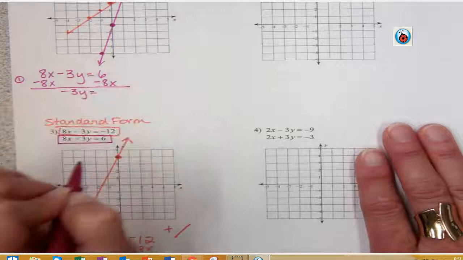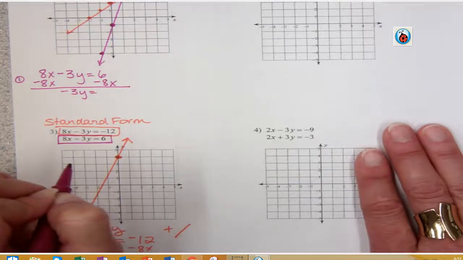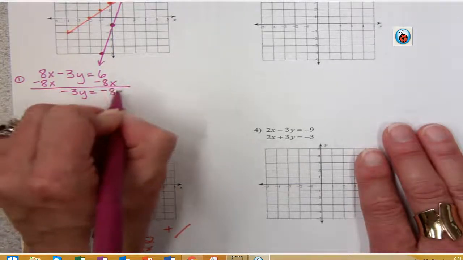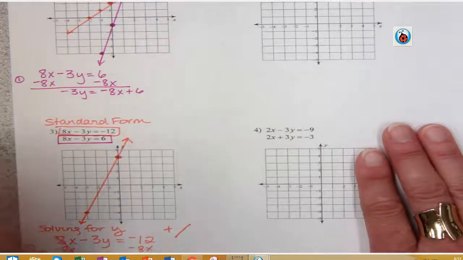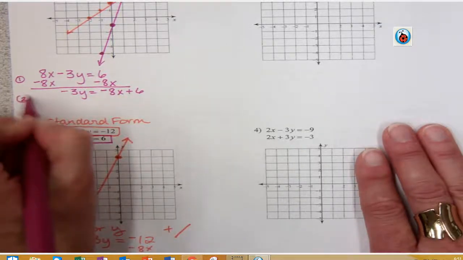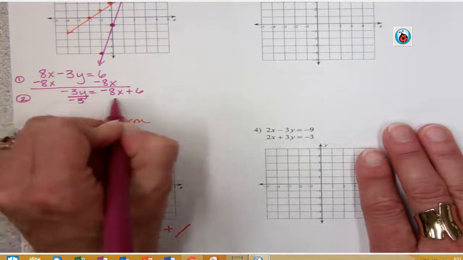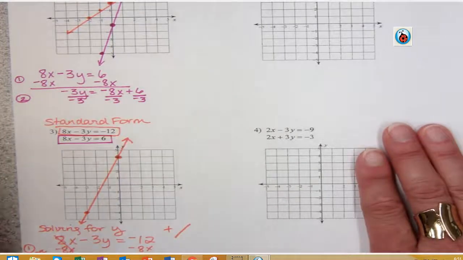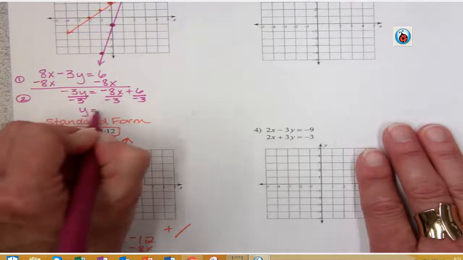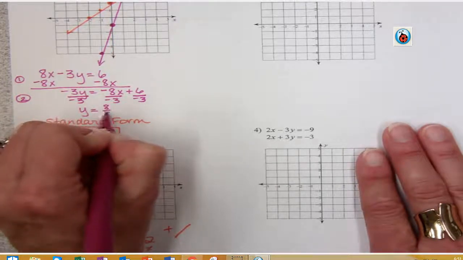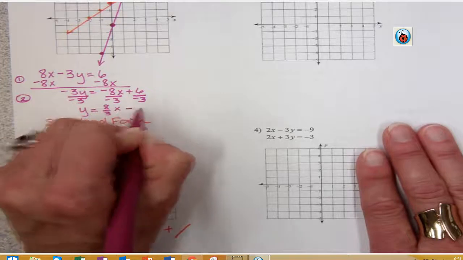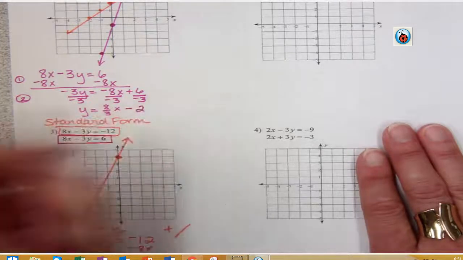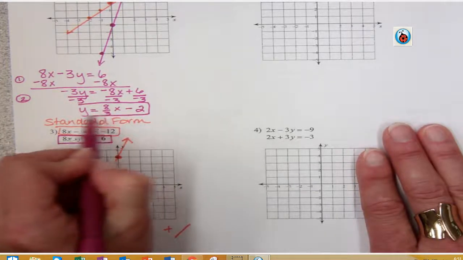I cannot combine those because one has a variable and one does not. Now I'm going to divide by the coefficient of y. I'm left with y equals 8 over 3 x minus 6 divided by 3, which is 2.